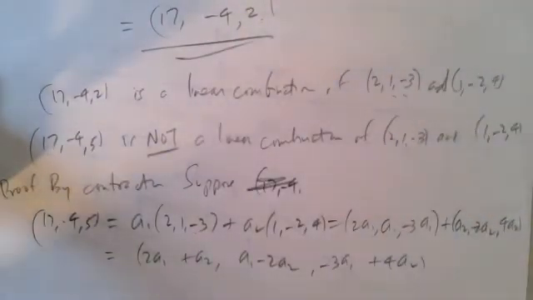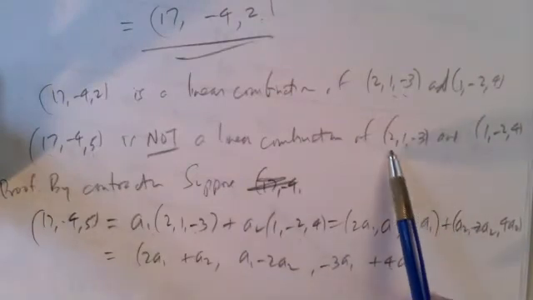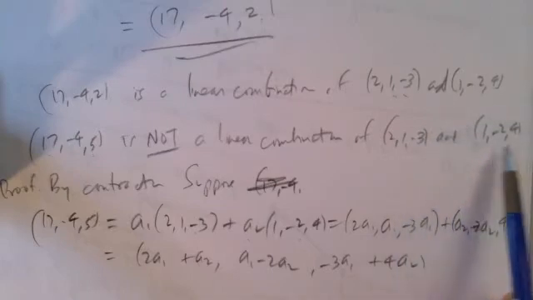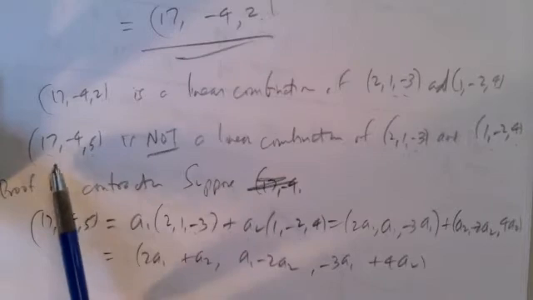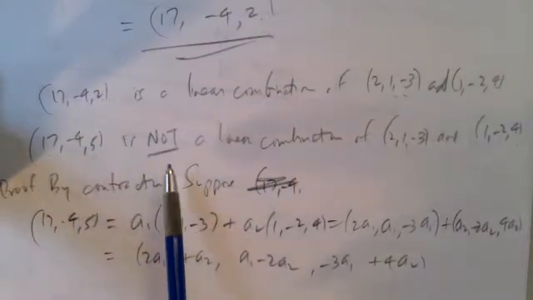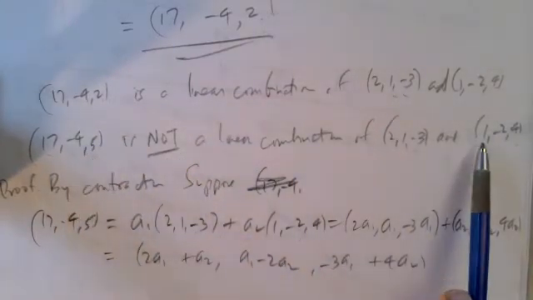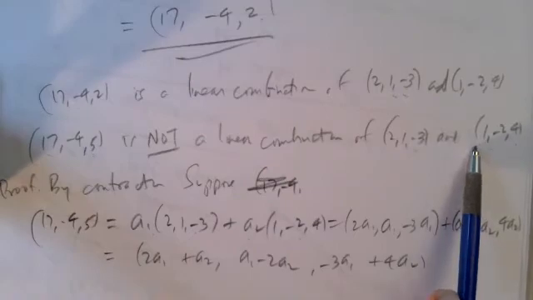The logic here, the reasoning, is very important. Here I have two vectors, 2, 1, minus 3 and 1, minus 2, 4, and I want to show that the vector 17, minus 4, 5 is not a linear combination of them. So we'll do it by contradiction.